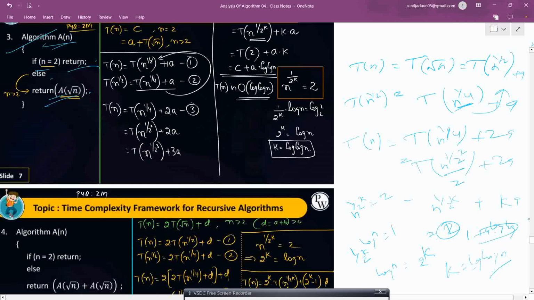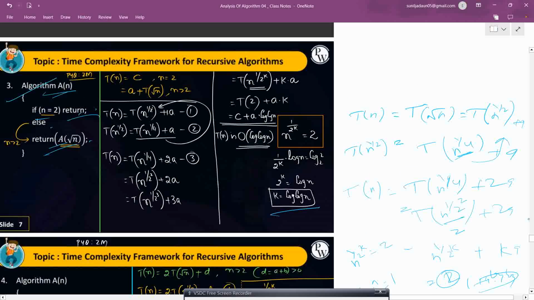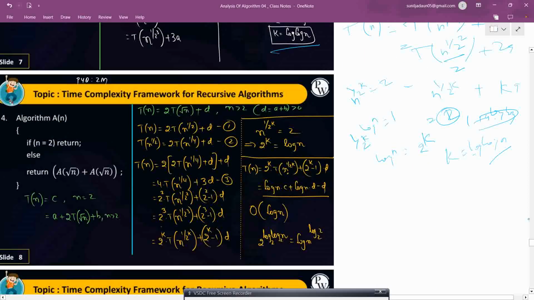So this is a time complexity of order of log n, right? Alright, so this is an important question. If asked, it is 2 marks, right?